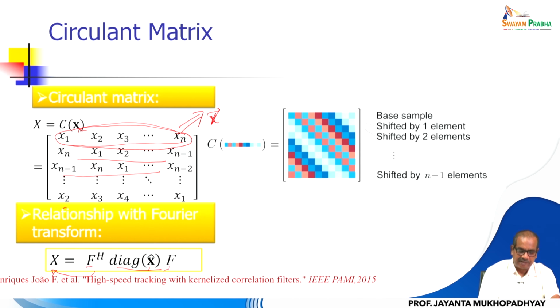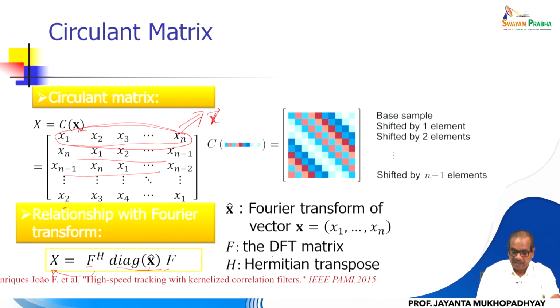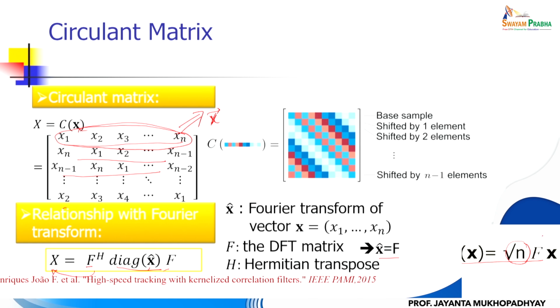So this is a DFT matrix, and this is the Hermitian transpose. This is the Fourier transform of a vector x, and this is the DFT matrix Hermitian. We have discussed this relationship earlier also. You should note that this is a normalization factor, since the DFT matrix F is not orthonormal in that sense, so it will make it orthonormal.